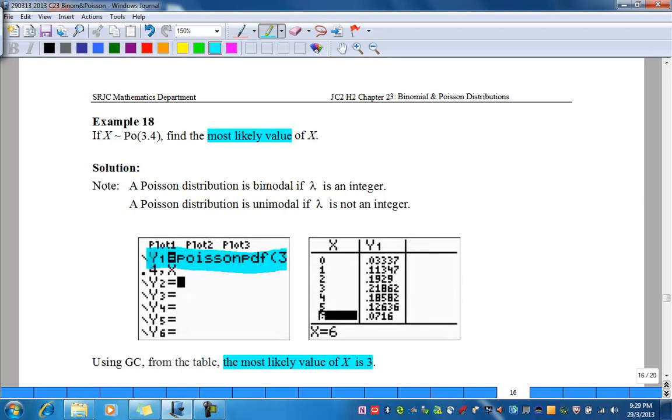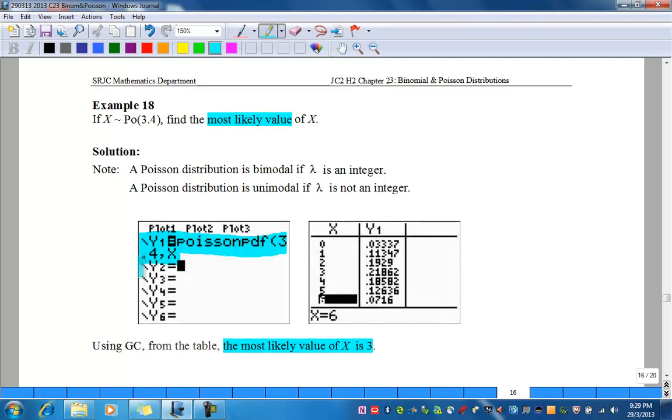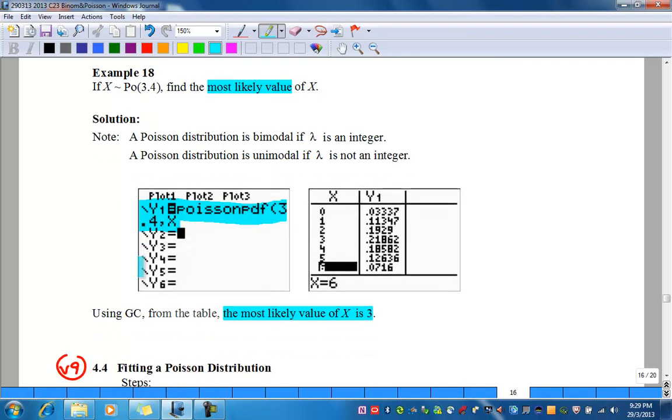By keying y1 as Poisson PDF, lambda as 3.4, and x, and calling out the table of values, which is shown on the right.